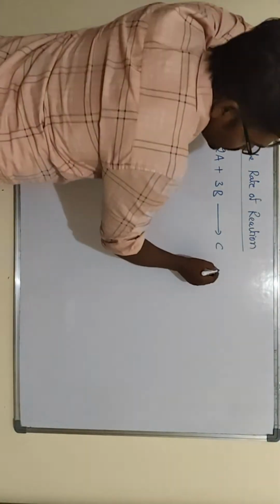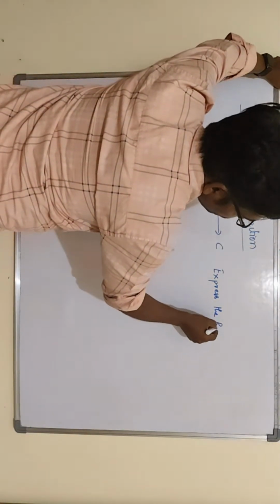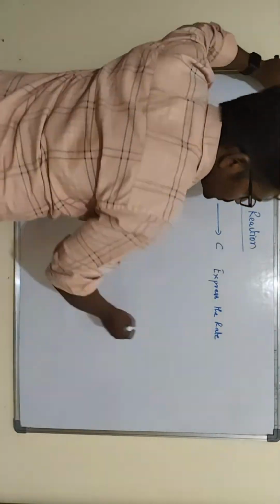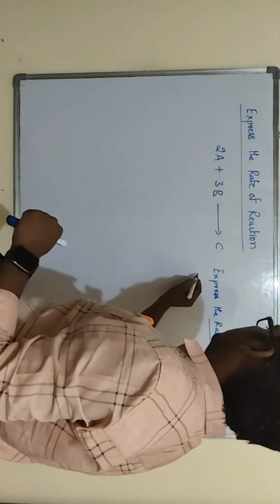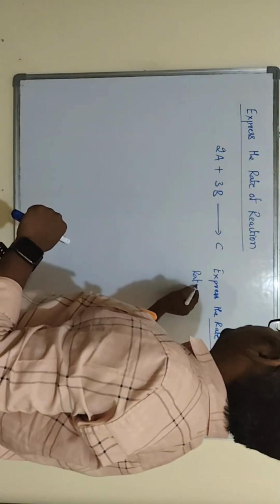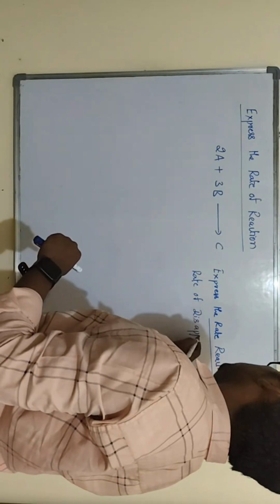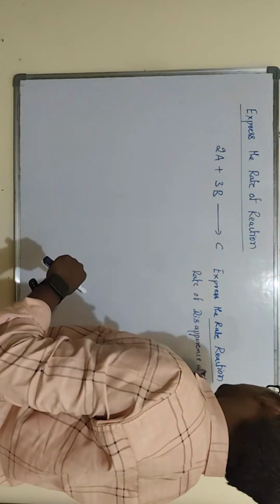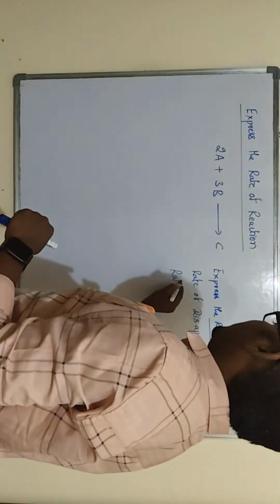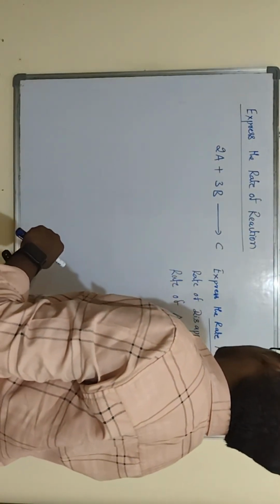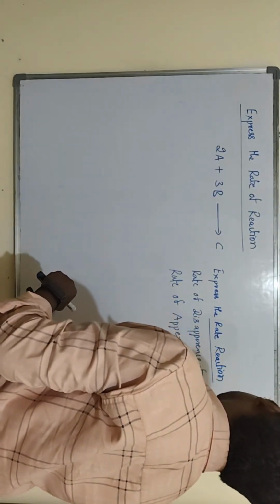Express the rate of reaction for this, and the rate of disappearance of reactants, then the rate of appearance of products.